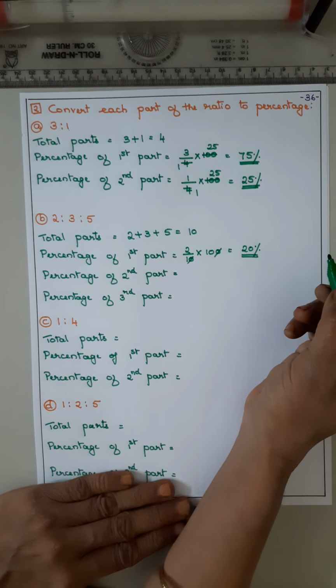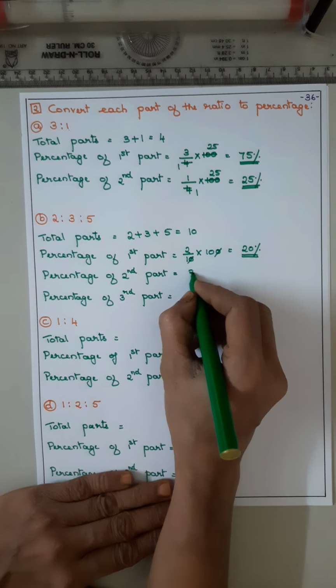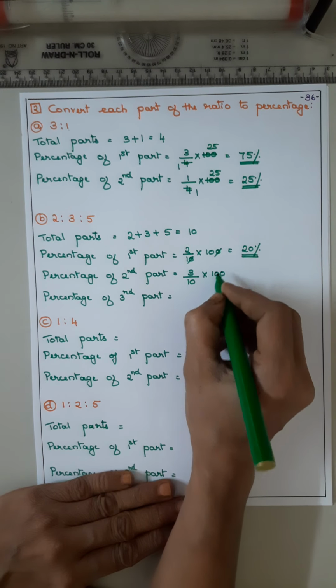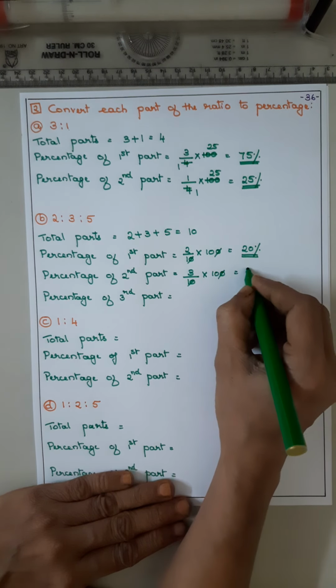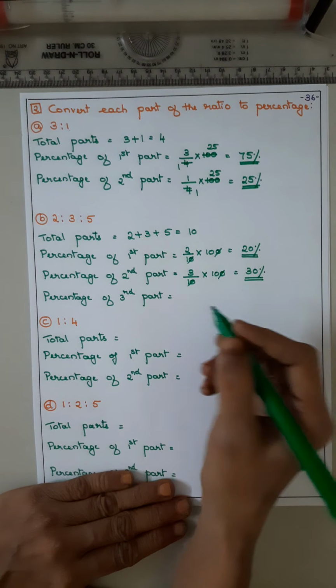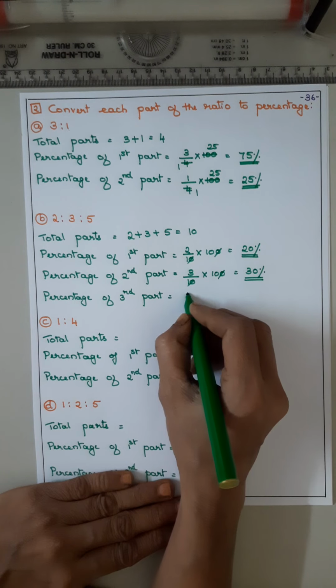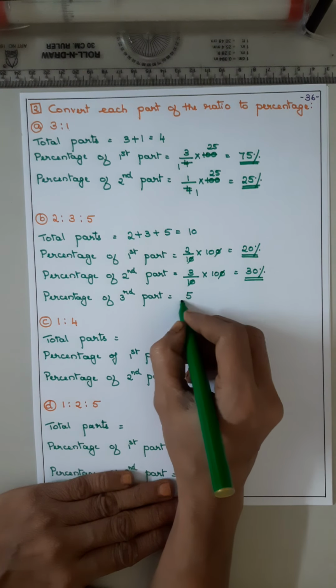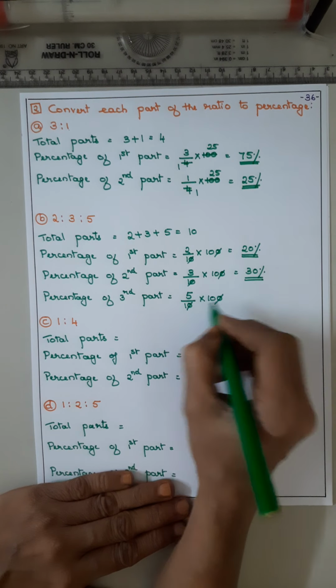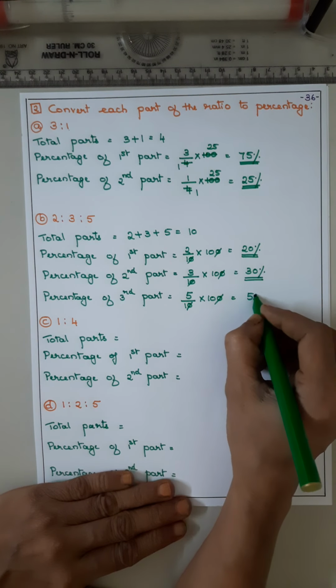Now percentage of the second part is 3 out of 10 into 100, 0 cut, 10 threes are 30%. Now percentage of third part, it is 5 out of 10 into 100, 0 cut, 10 fives are 50.